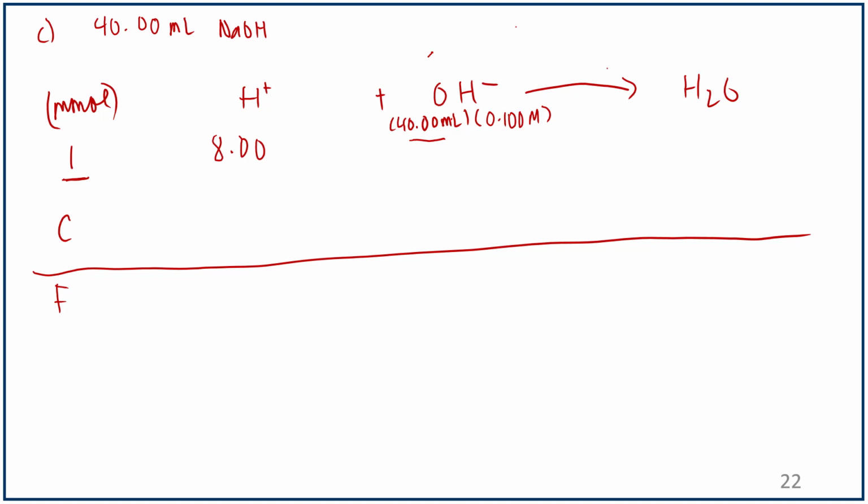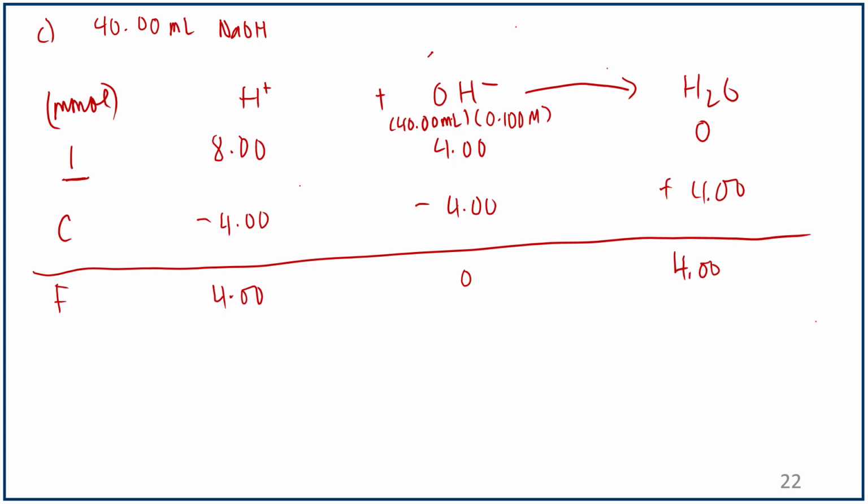So after doing the math, that should be 4.00 millimoles. And then water is also 0. And then the change: hydroxide is still the limiting reagent, so that's minus 4.00, minus 4.00, this is plus 4.00, this is 4.00, 0, and 4.00.